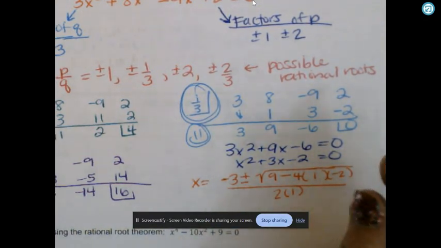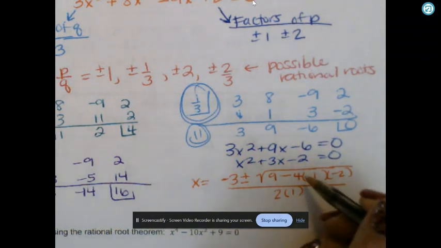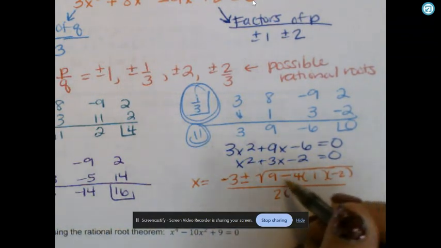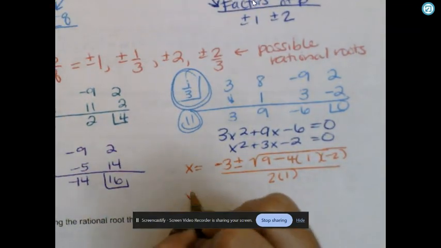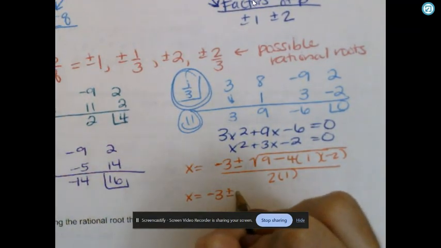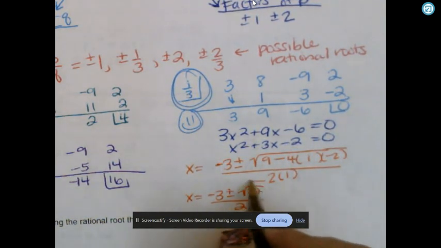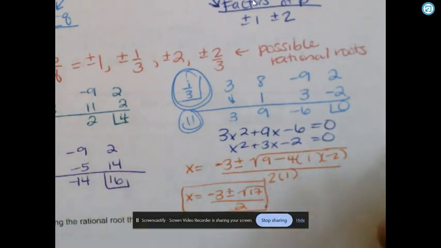Okay, simplify that up. That's 9 minus negative 8, right? Because that's double negatives right there. So 9 plus 8. So x is going to equal negative 3 plus or minus the square root of 17 all over 2. And that is going to be our other roots.